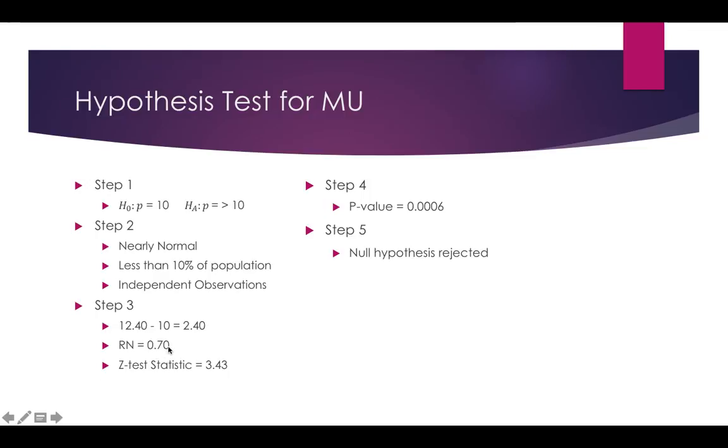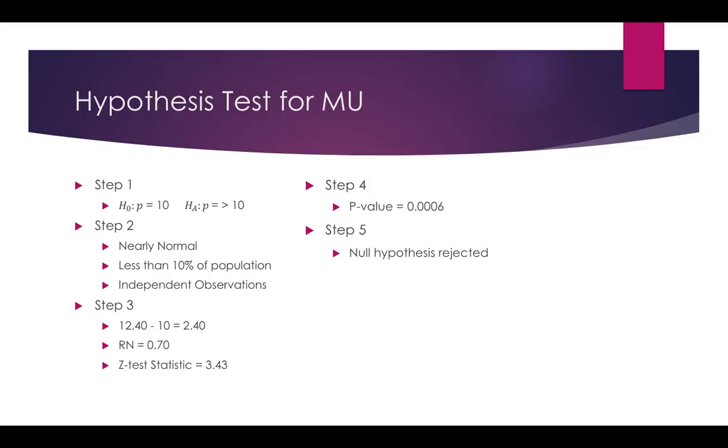And that's going to come out to approximately 0.7. And then the z statistic is calculated by taking the difference of 2.4 and dividing it by the random noise of 0.7, and this will give us 3.43.